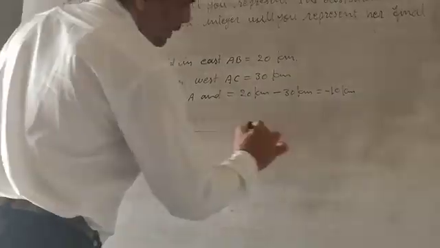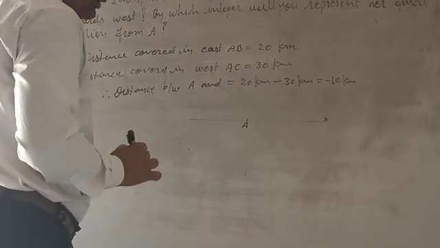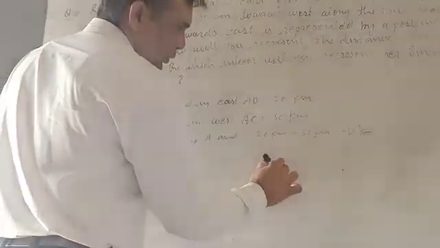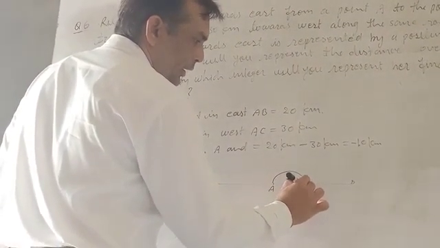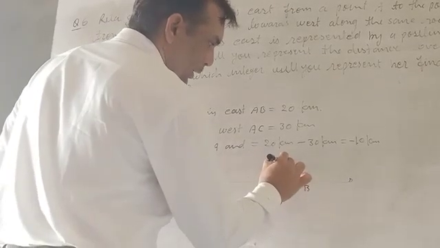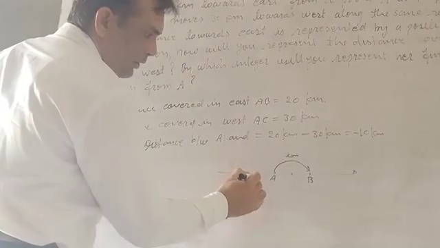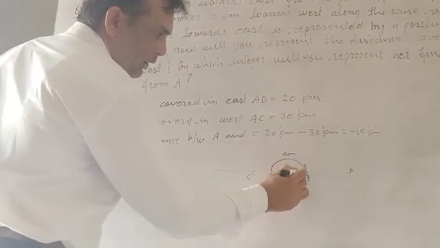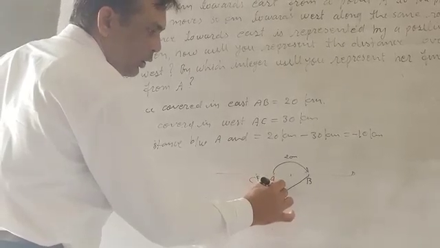We can see on the number line, first he is at 0 at situation A. He goes 20 kilometer from A to B. After this, he moves towards C 30 kilometer.